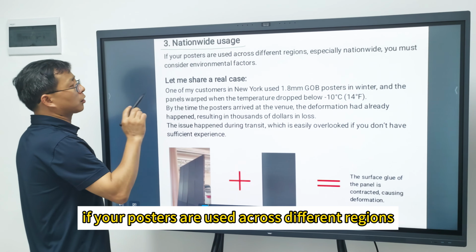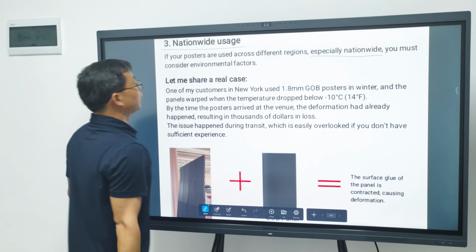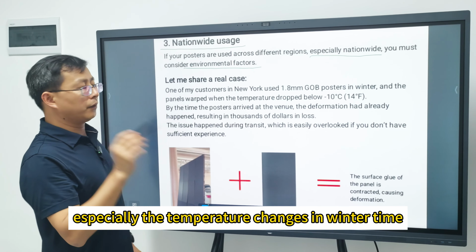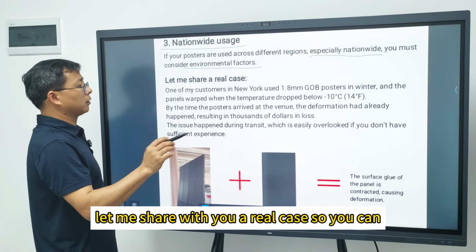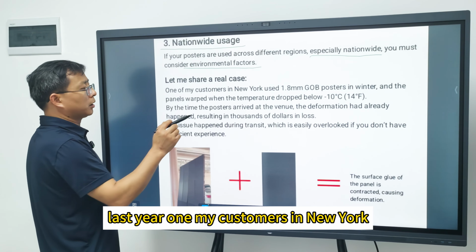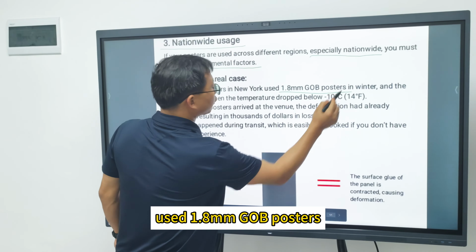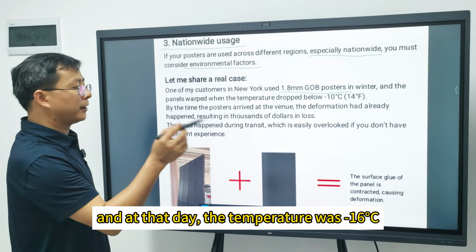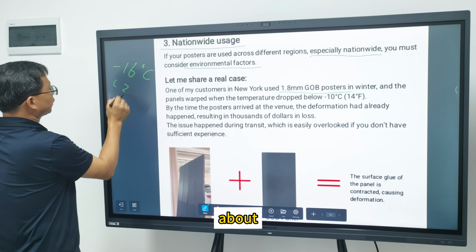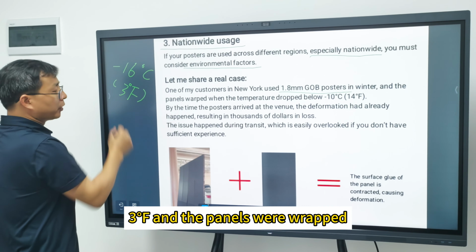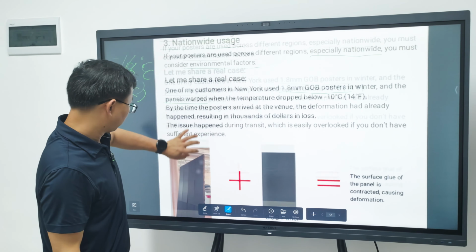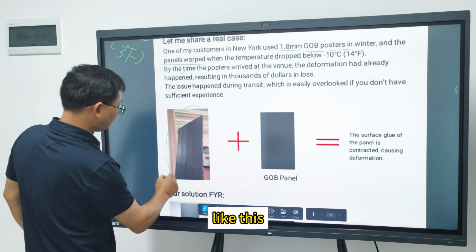If your posters are used across different regions, especially nationwide, you must consider the environmental factors, especially the temperature changes in wintertime. Let me share with you a real case so you can instantly understand it. Last year, one of my customers in New York used the 1.8 GOB posters in wintertime, and at that day the temperature was minus 16 Celsius, about 3 Fahrenheit, and the panels were warped like this.